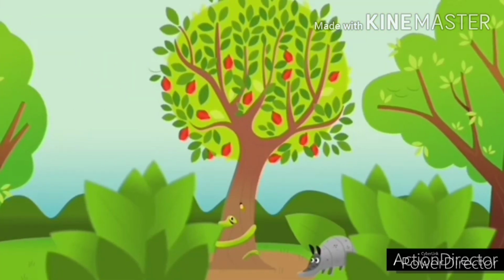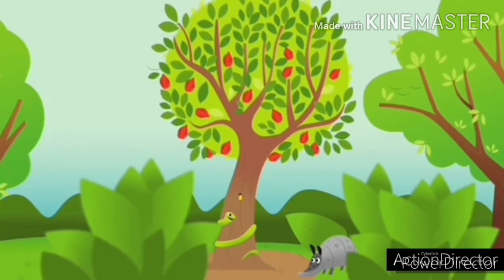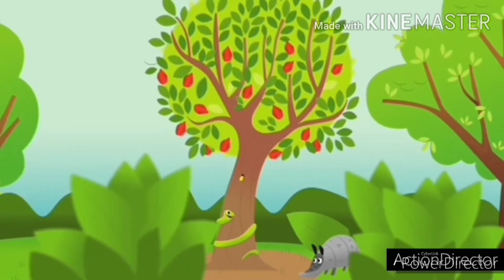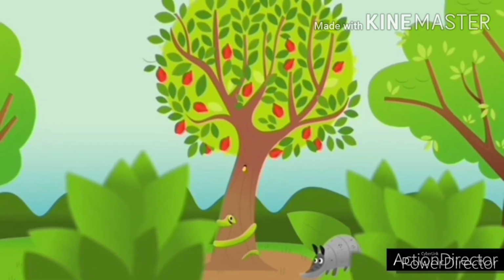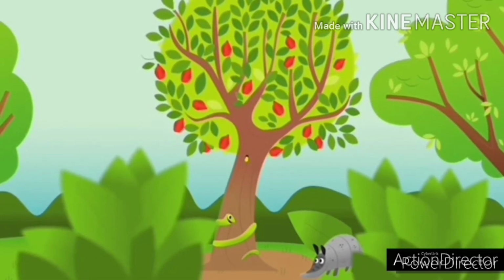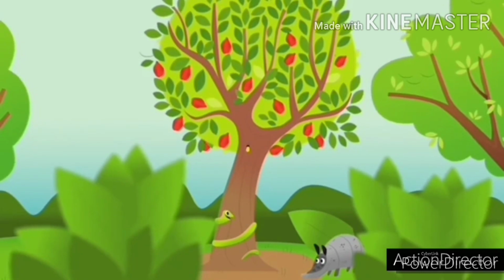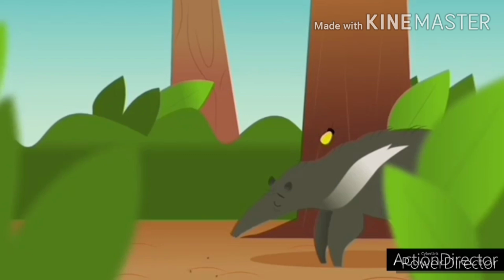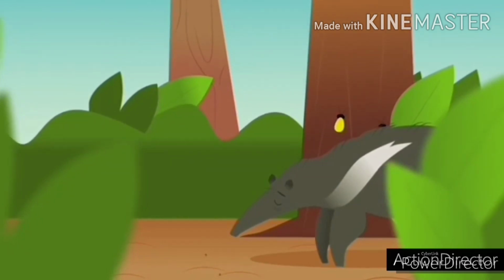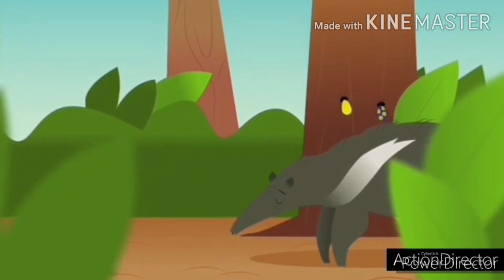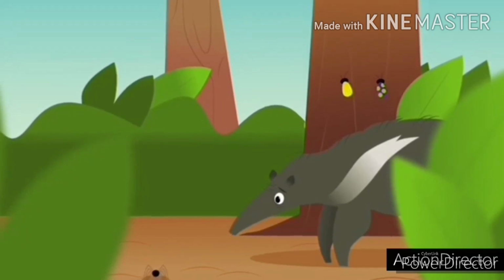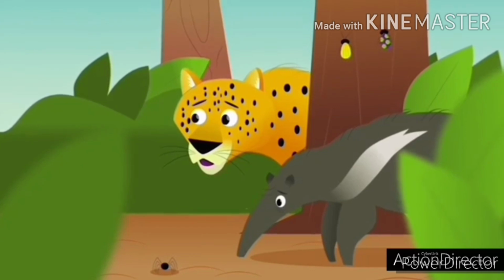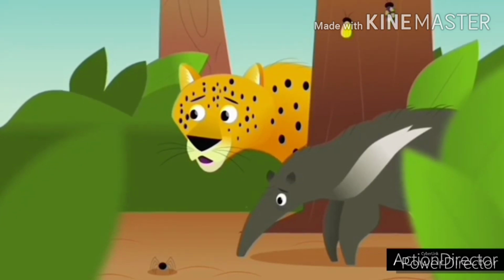Insect life is abundant here, although the area remains dark because of the lack of sunlight. Animals such as jaguars, red-eyed tree frogs, and leopards are found in large numbers in the understory layer.